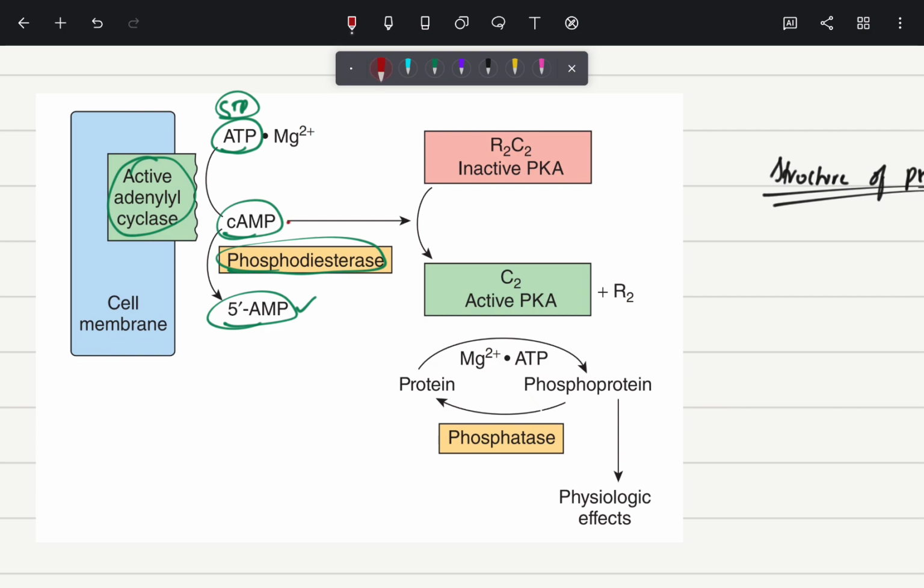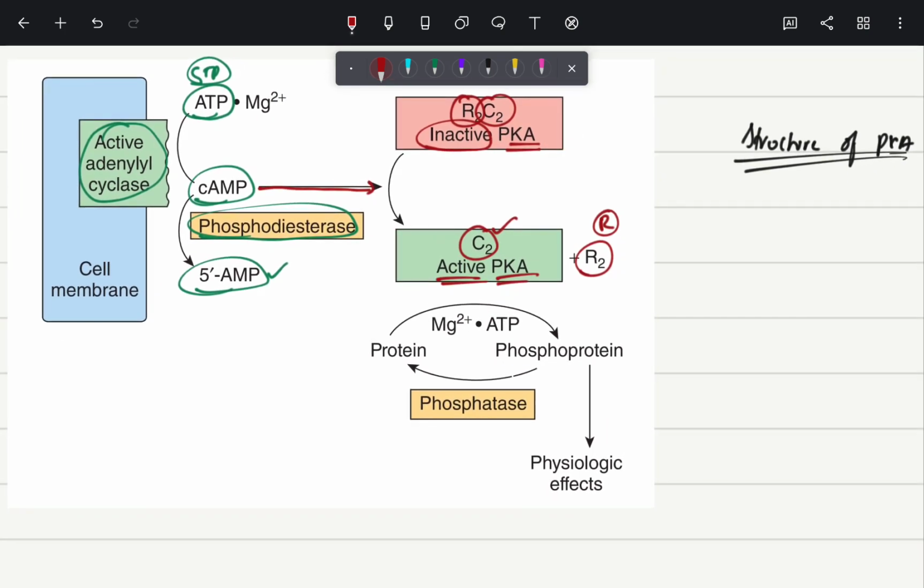Now as you can see here, cyclic AMP will convert the inactive protein kinase, which has 2 regulatory subunits and 2 catalytic subunits, into the active form of protein kinase, which has the catalytic subunit. As you can see here, the repressor protein is getting ejected out. Okay, during this step, the protein kinase is doing phosphorylation of protein.